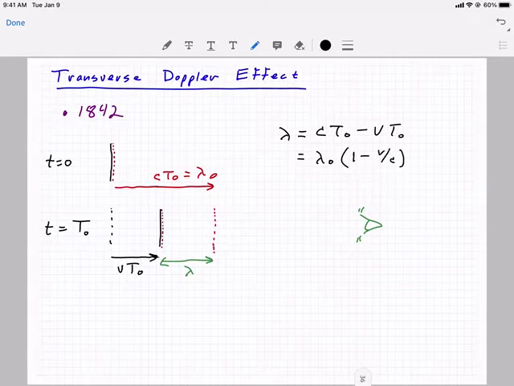And that is the new wavelength that is observed as the emitter is moving towards the receiver. The wavelength is smaller, so this is what's known as a blue shift.